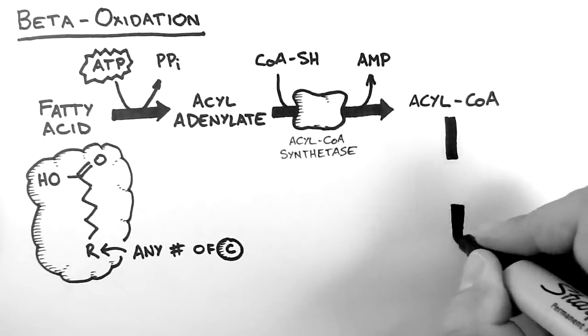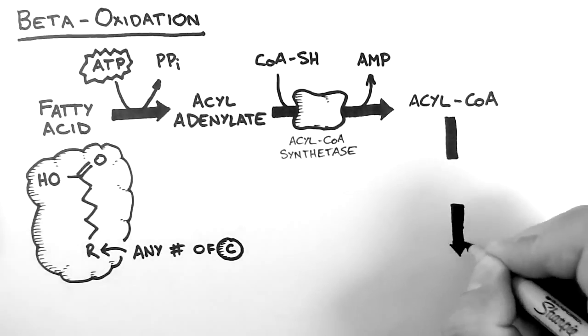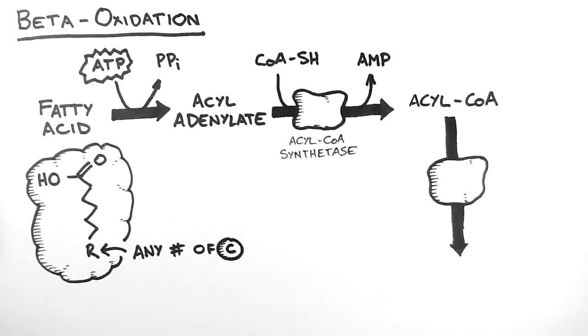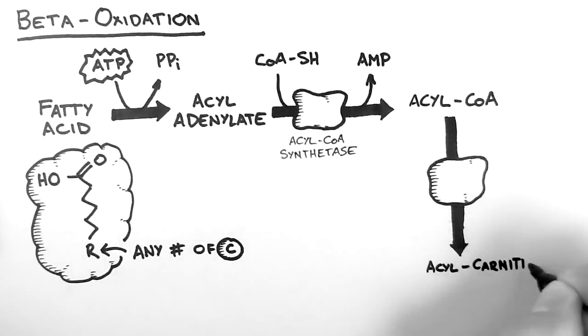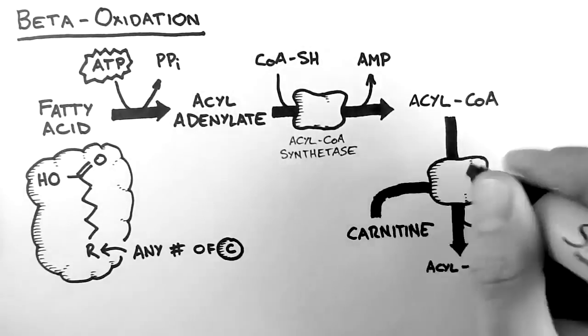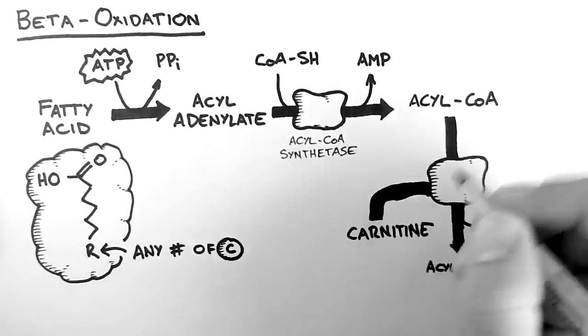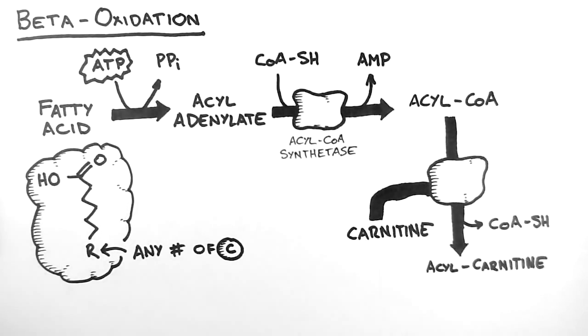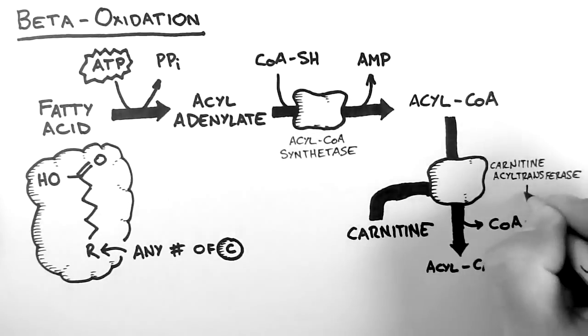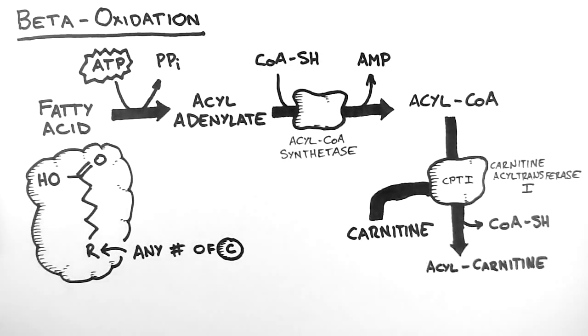The acyl-CoA gets a carnitine attached and the coenzyme A pulled off. Therefore, it becomes an acyl-carnitine. The coenzyme A gets recycled, and obviously a carnitine molecule is needed for this process. The enzyme that does this is carnitine acyltransferase 1, and it's located in the outer mitochondrial membrane.